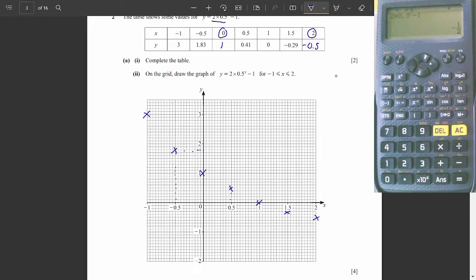Right, connect these with a smooth curve, with a sharp pencil, not a ruler. Make sure you go through every point.